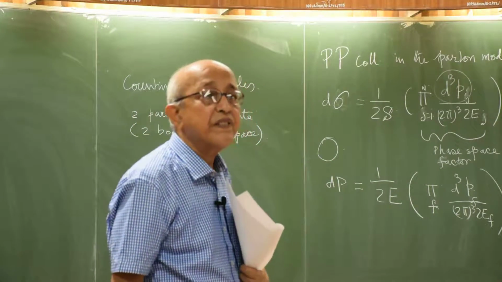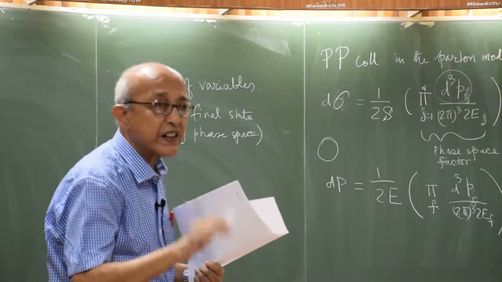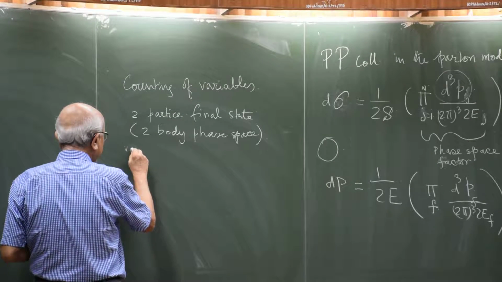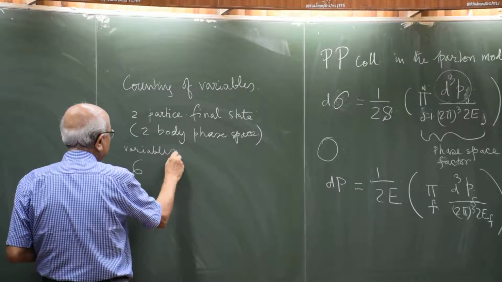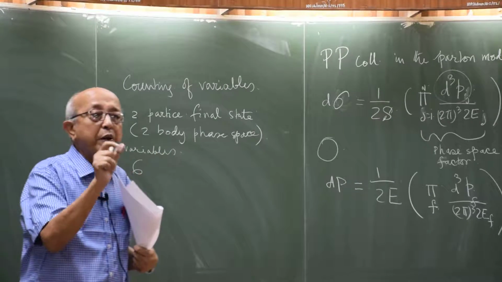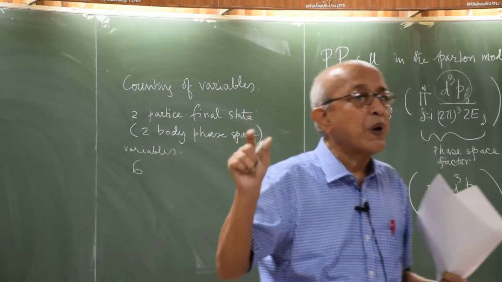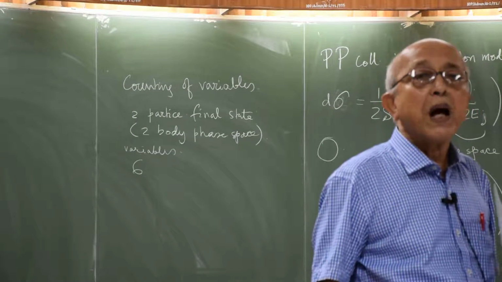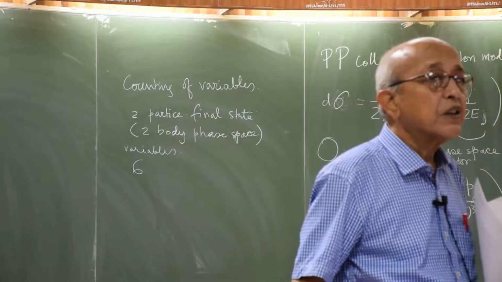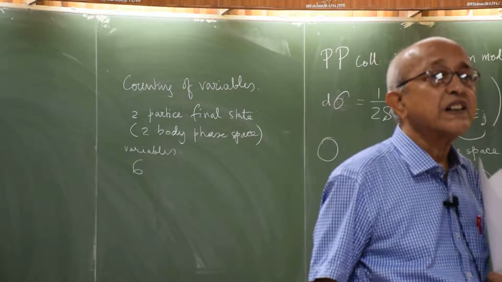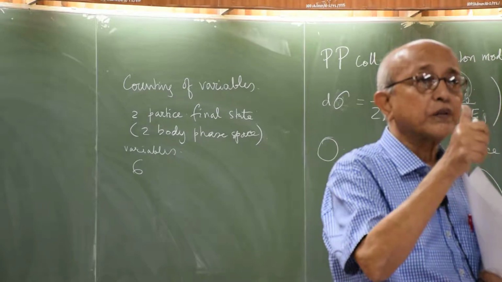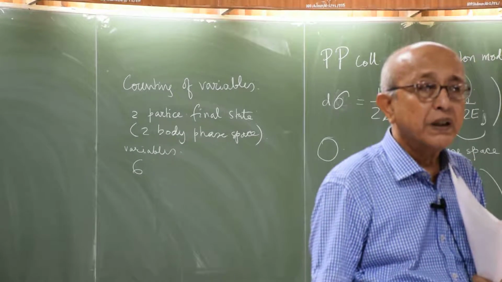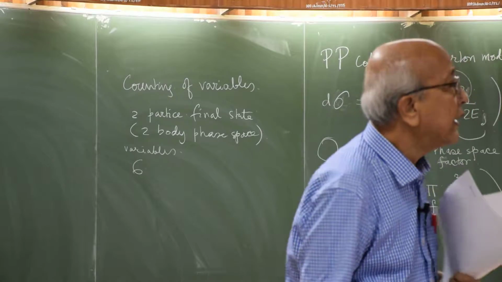So in general I have 6 variables of integration. Px, Py, Pz of one particle if you like, Px, Py, Pz of the other particle if you like. So 6. But they cannot be arbitrary. They must satisfy energy momentum conservation. And how many conservation relations are there? X component of the momentum must be conserved, Y component of the momentum must be conserved, Z component of the momentum must be conserved.